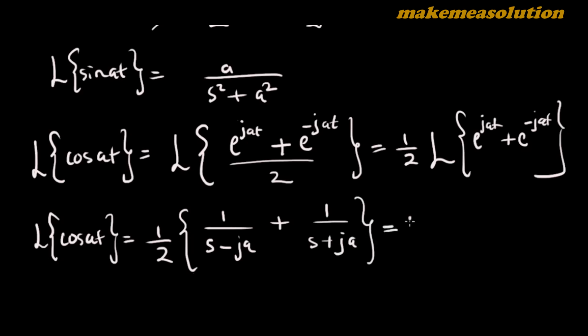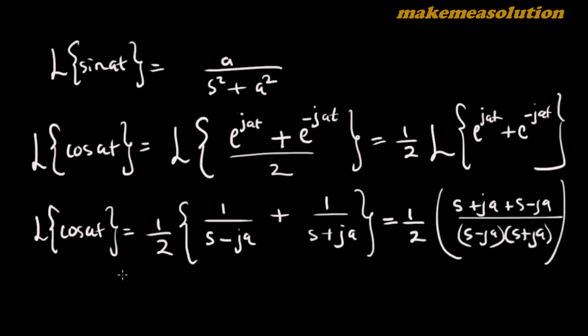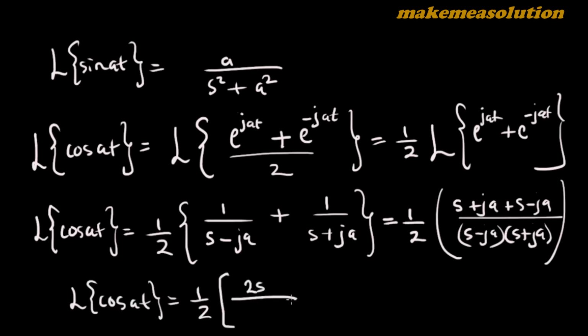So when you solve this, you get 1 over 2 open brackets, s plus ja plus s minus ja, over s minus ja and s plus ja. So finally, the Laplace transform of cos at is 1 over 2, the numerator evaluates to 2s, and the denominator evaluates to s square plus a square.